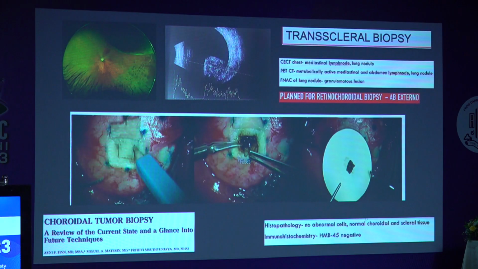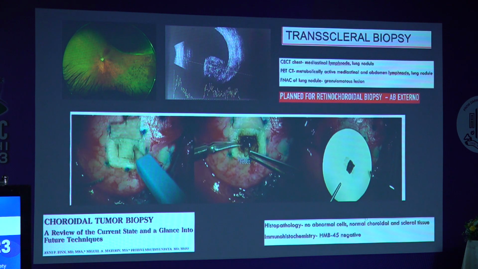Like in this case, a transscleral biopsy has been done, and you will see that we do a partial thickness scleral flap in this patient, and then under that partial thickness scleral flap, the full thickness of the sclera and the part of the choroid we are interested in is taken out.